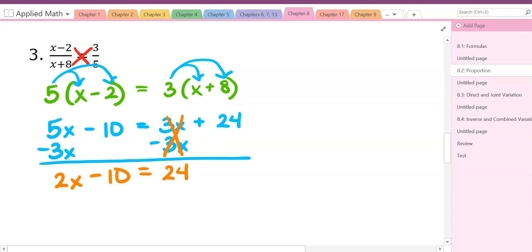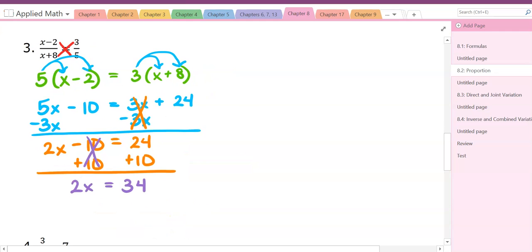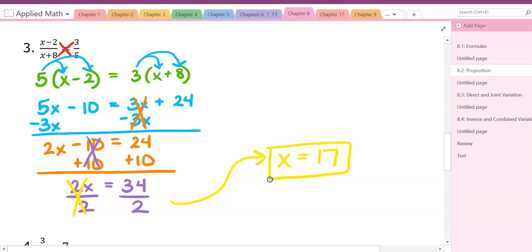What would you guys do next? Okay, so add 10. So now you have 2x equals 34. Last step. Divide by 2. So what is 34 divided by 2? 17. So x is equal to 17.